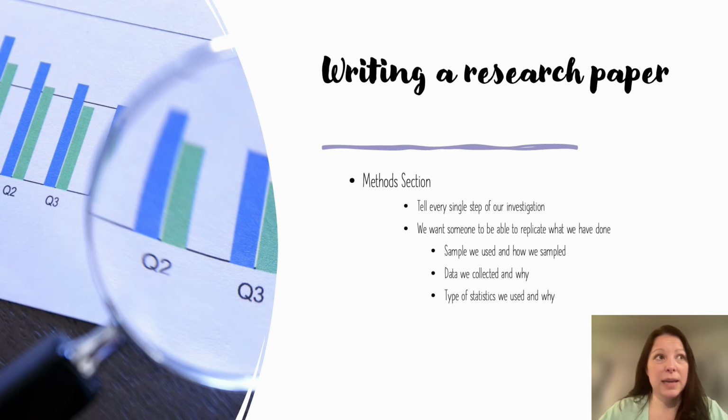So maybe this sample wasn't quite as diverse as it could have been, or maybe they chose to use an online survey when an in-person or on-paper survey would have gotten more accurate results. So we don't necessarily do everything verbatim of another researcher, but it is really very helpful to know exactly what steps another researcher went through.